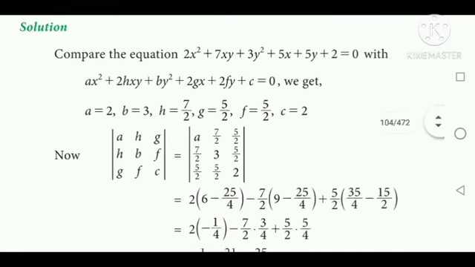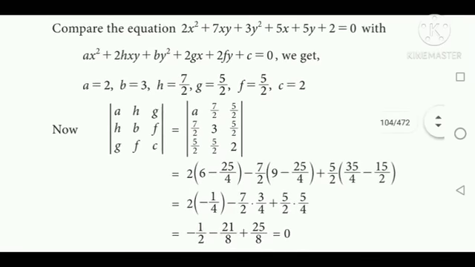Okay, now apply this matrix form: a h g, h b f, g f c. So you write the diagonals first. Diagonal is a b c. Okay, then h g, h f and g f.